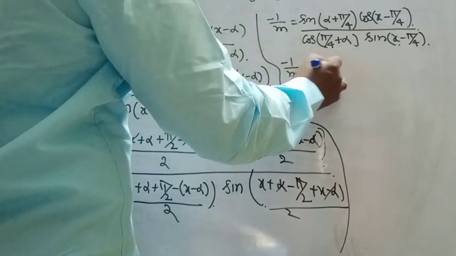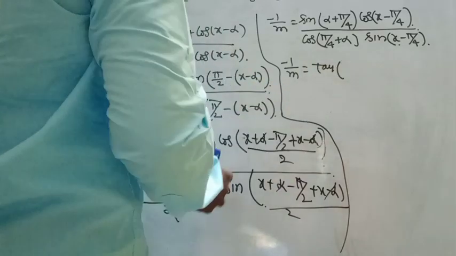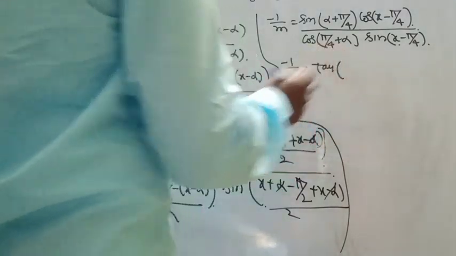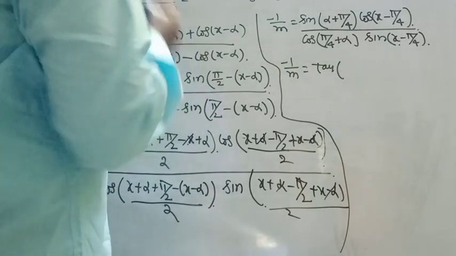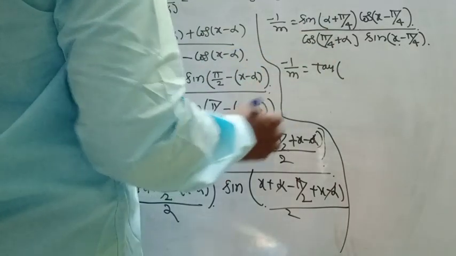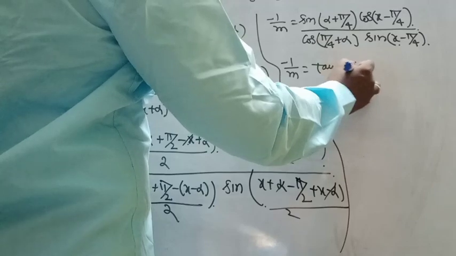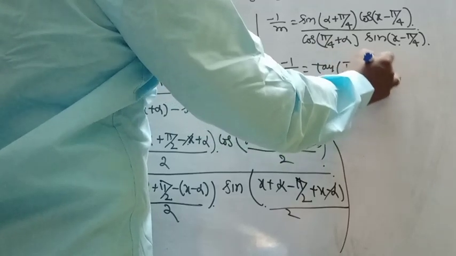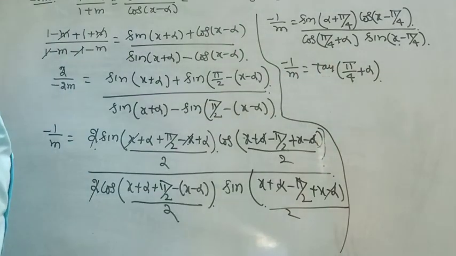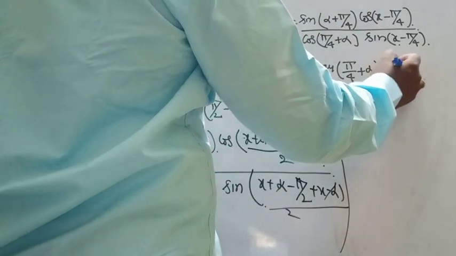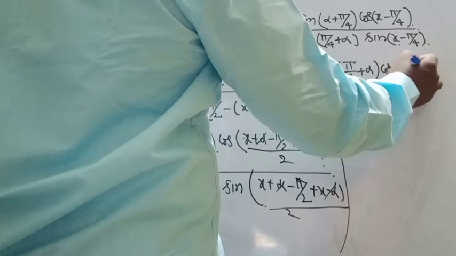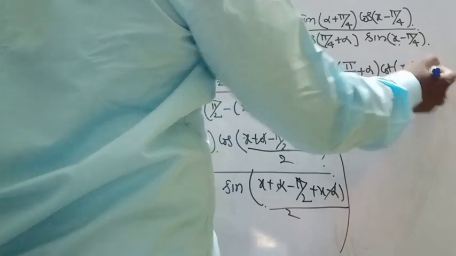That is nothing but tan of alpha plus pi by 4, or pi by 4 plus alpha. Tan (pi by 4 plus alpha) we are having here nicely. And this is now actually cot of (x minus pi by 4).